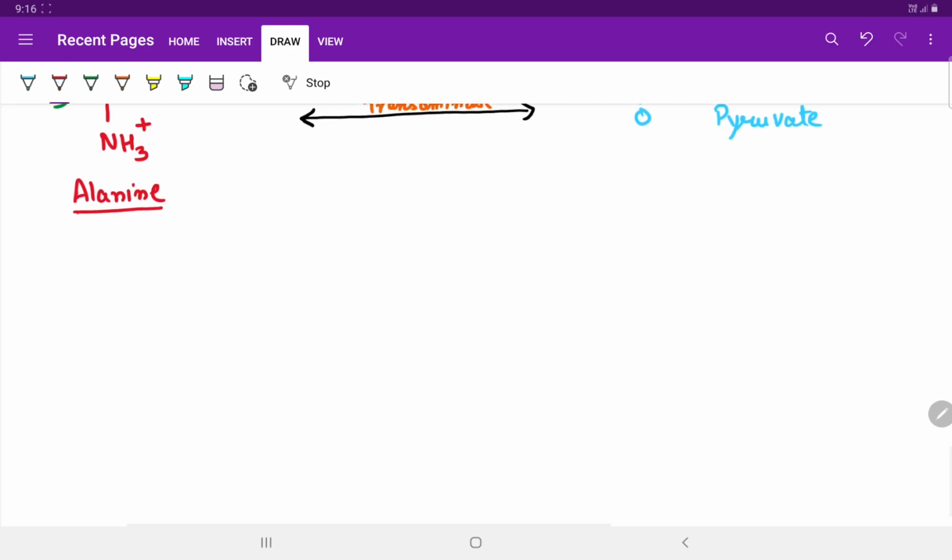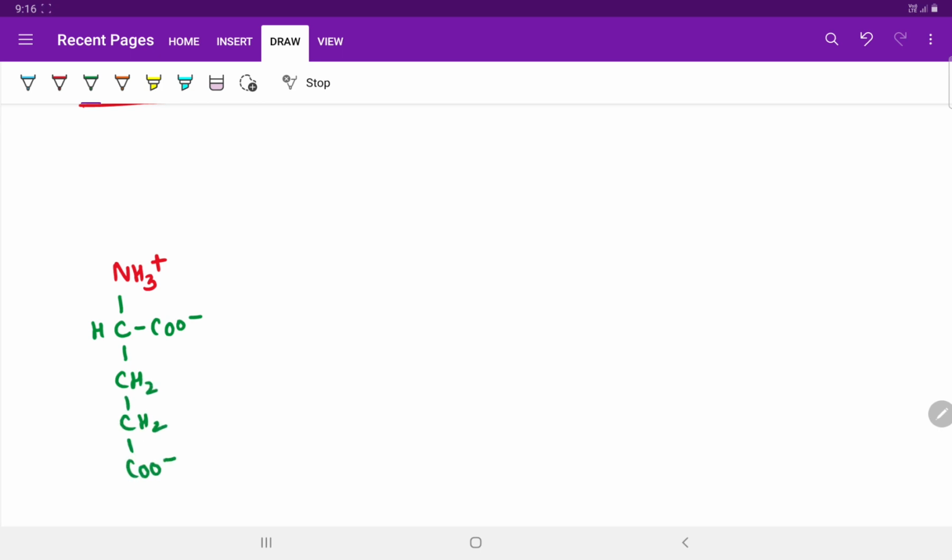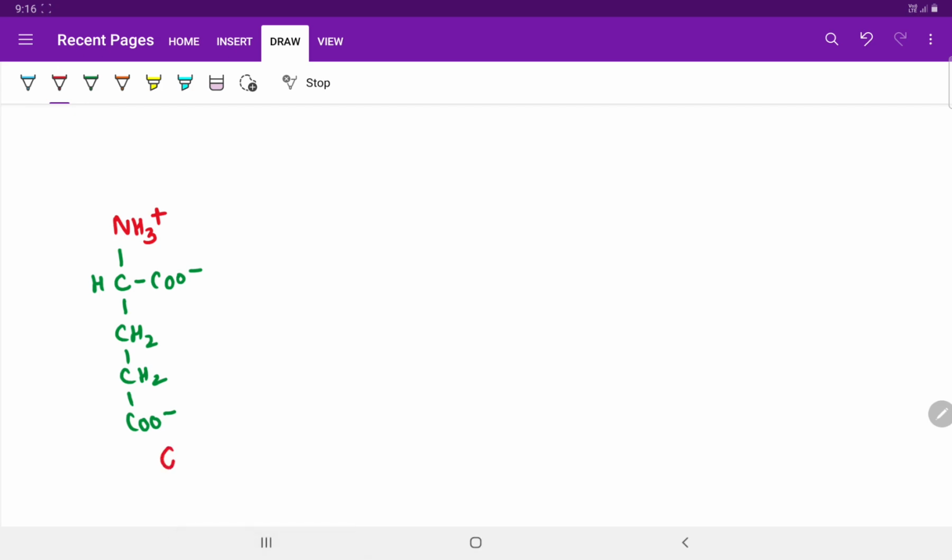The next amino acid that is being formed is glutamic acid or glutamate. So this is the amino acid 2. This is the structure for glutamate.